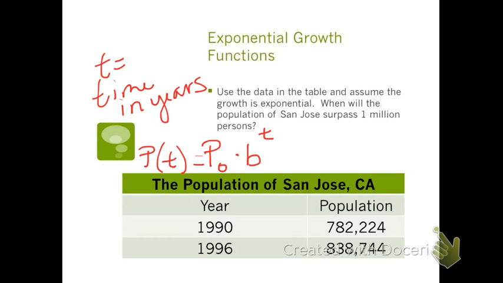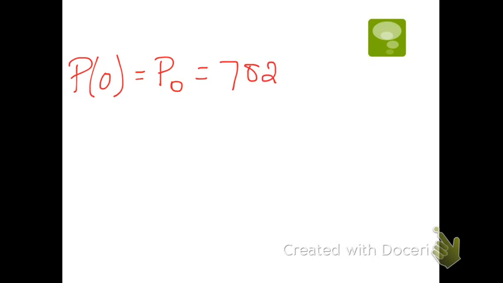So we need to know our initial population, and we need to figure out what the growth rate is, and then we're going to express this as growth per year. So I'm going to give myself some room to work here. We have P of 0, which is going to be our P sub 0, which is the 1990 data. So that's 7822224.